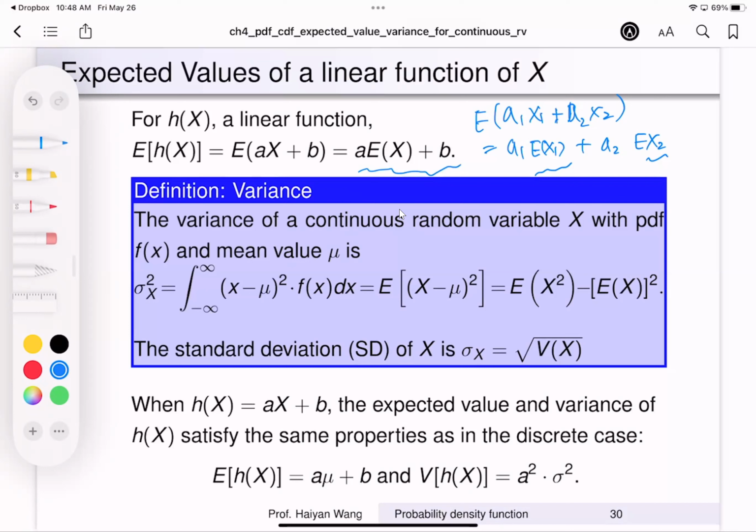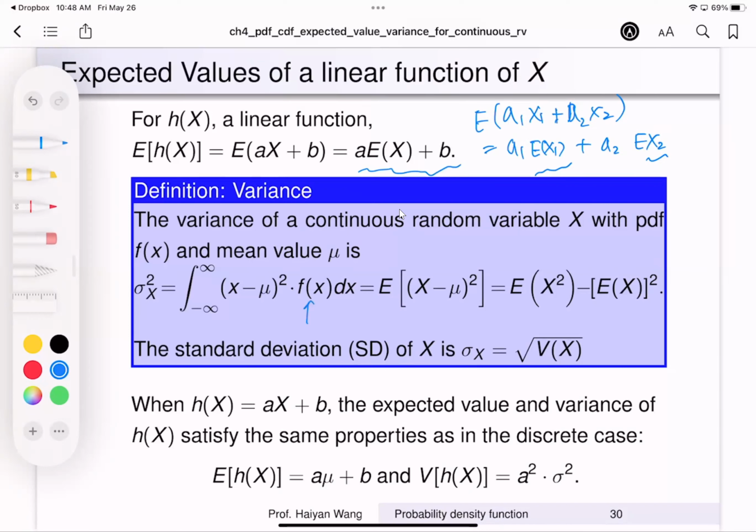The next one here is the variance of a continuous variable, which is defined as the average squared deviation, a weighted average. Again, the weight is the probability density function. Squared deviation of what? Of the value deviated from the center, the mean.